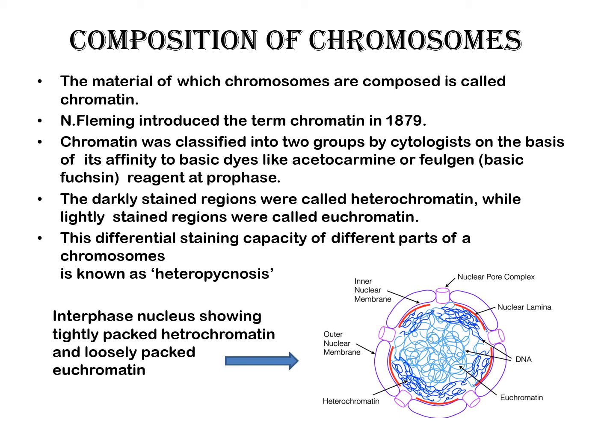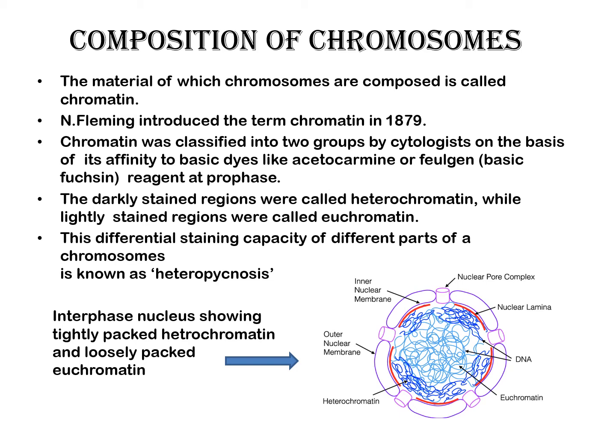The darkly stained regions are called heterochromatin, while lightly stained regions are called euchromatin. This differential staining capacity of different parts of a chromosome is known as heteropyknosis.